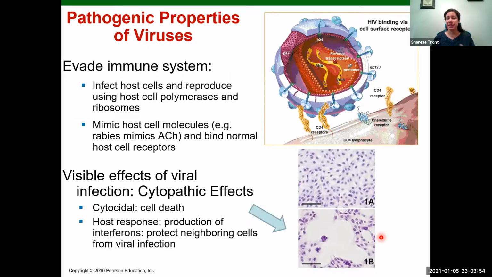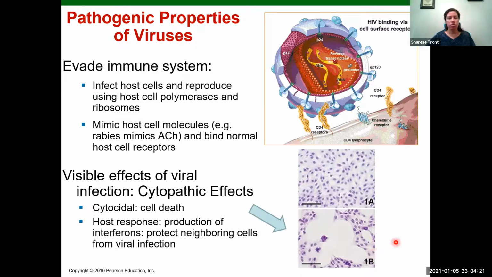That's going to lyse and kill the host cell, of course. So what we're seeing here is this clearance where these host cells have died, because the virus has used that host cell to replicate and then lysed that cell to be released. That's what we call cytocidal. So it's killing those cells, and that's what we're seeing here.